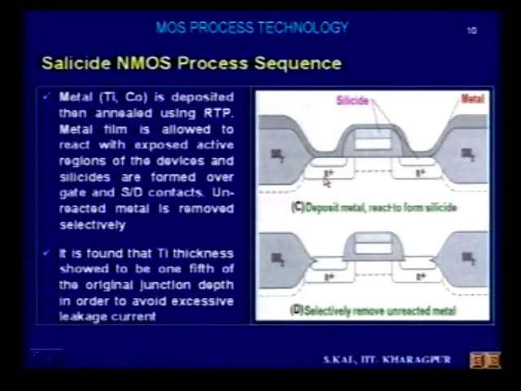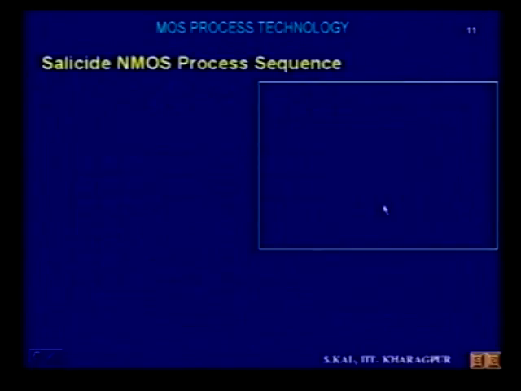What is the junction? Source and drain with substrate, and those junctions are reverse biased. So now if silicide thickness is large, this interface may reach the junction and leakage current will increase. That's why the titanium thickness should be very small, so that it will consume a small amount of silicon and a smaller thickness of silicide is formed. That is to avoid excessive leakage current.